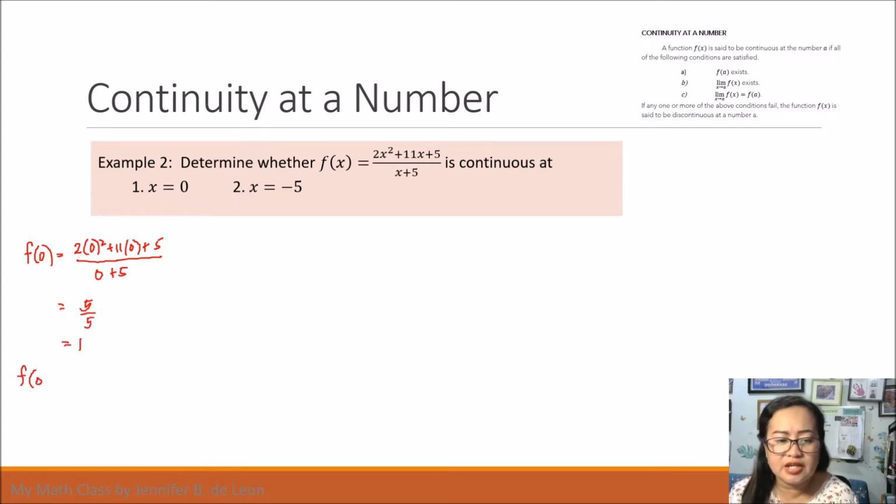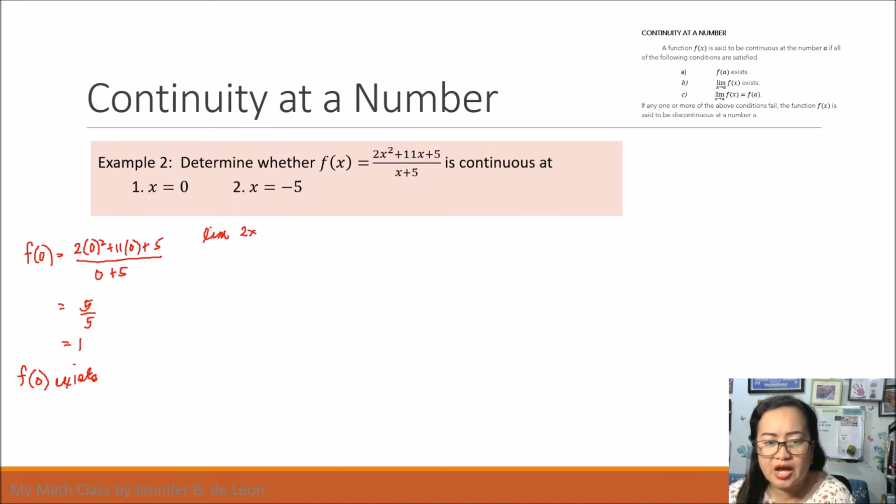Hence, we can say that f of 0 exists. It satisfies the first condition. Now let's have the second condition. We have to determine whether the limit of f of x as x approaches a exists.